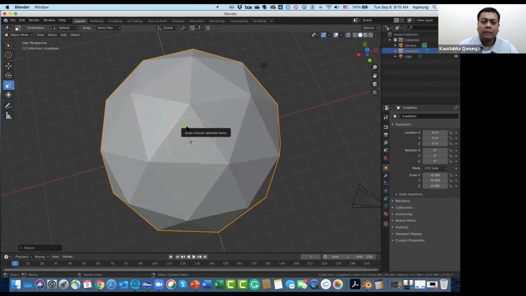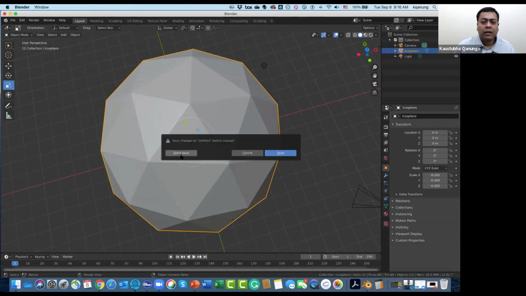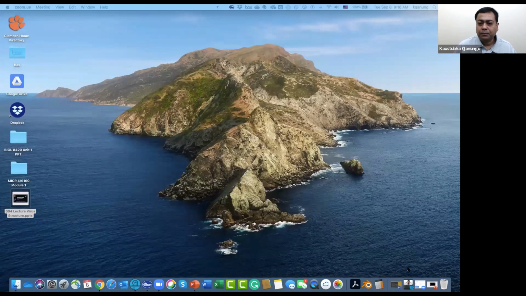Here you have 1, 2, 3, 4, 5. But at this point right here, you have 1, 2, 3, 4, 5, 6. So this is just to give an idea of how these 5-, 3-, and 2-fold symmetries work.